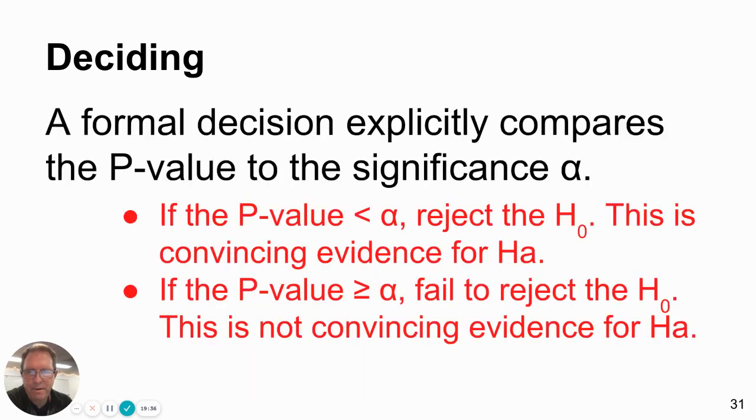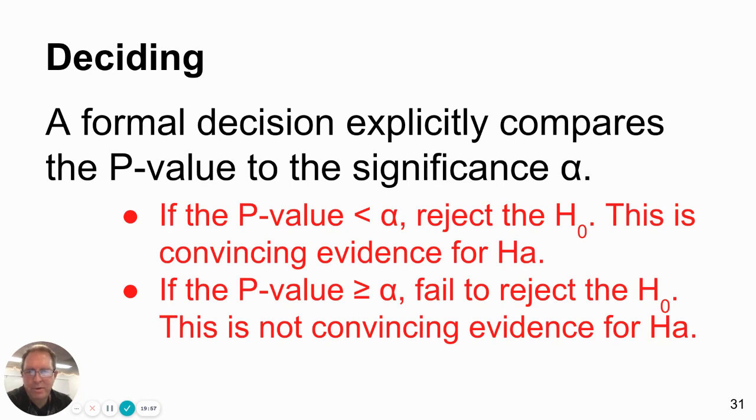And here is the decision criteria. I've put it here in this slide, and this is I think my clearest description. A formal decision-making explicitly compares the p-value to the significance level. So when you're making your conclusion, you have to compare the p-value to the significance level.